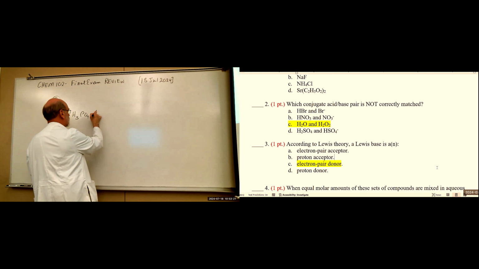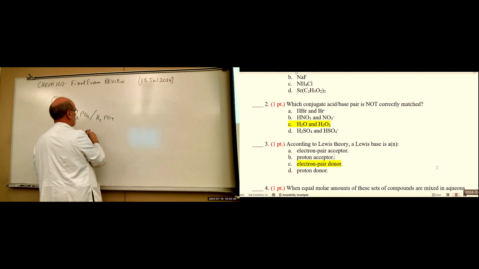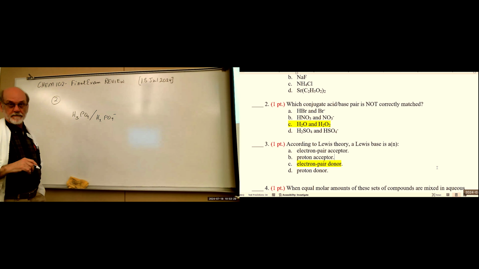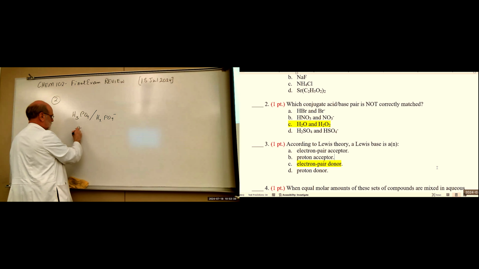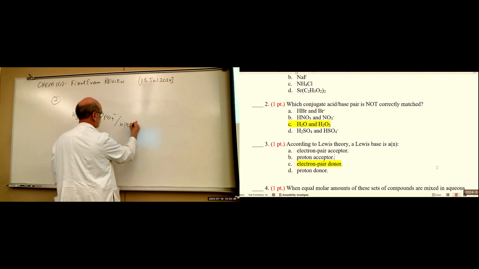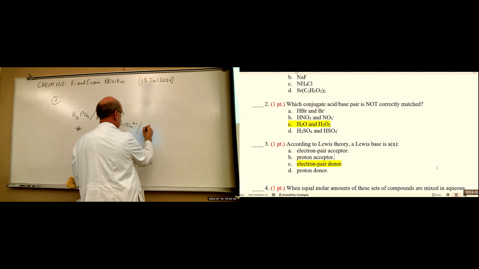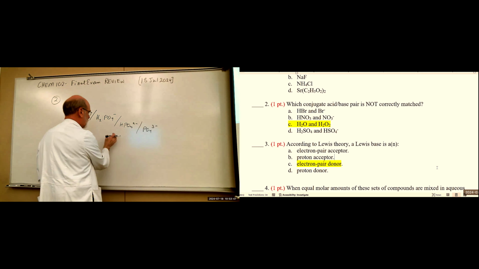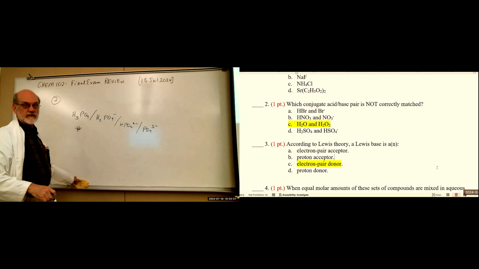So the acid-base pair for this one would be two hydrogens, and then we lost a positive, so that means we have a negative left over. You could take this one as an acid, and then you go to its conjugate base. That's an acid-base pair, this is an acid-base pair, and this is an acid-base pair. Any other combination is not valid.